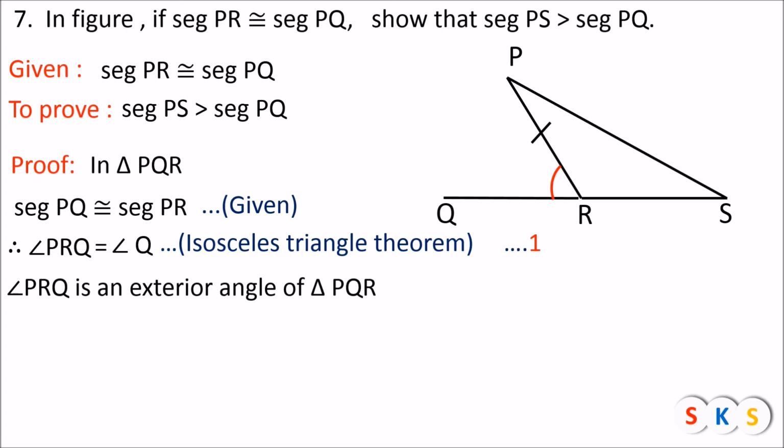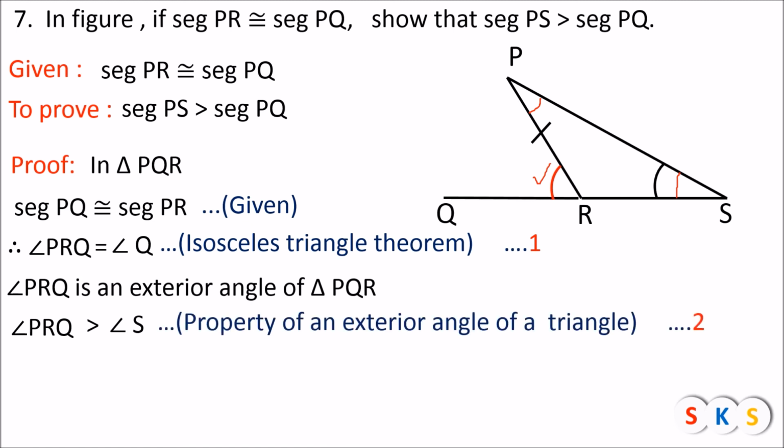And we know that the exterior angle, that is PRQ, is greater than angle S, according to the property of an exterior angle of a triangle. It's equation number 2. Now in triangle PQS, angle Q is greater than angle S. This we got from 1 and 2.